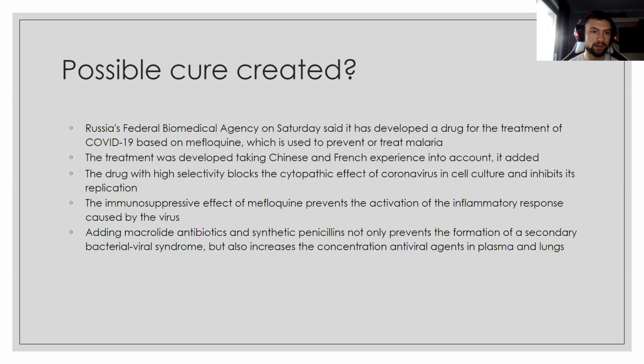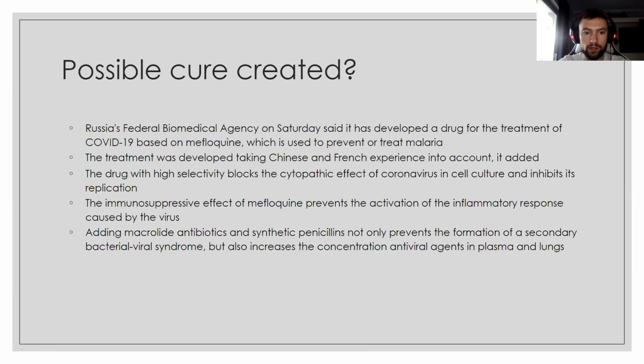Possible cure created. Russia's Federal Biomedical Agency on Saturday said it has developed a drug for the treatment of COVID-19 based on mefloquine, which is used to prevent or treat malaria. The treatment was developed taking Chinese and French experience into account. It added that the drug, with high selectivity, blocks the cytopathic effect of coronavirus in cell culture and inhibits its replication.